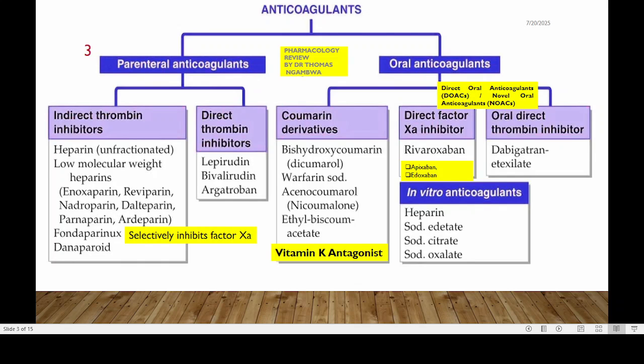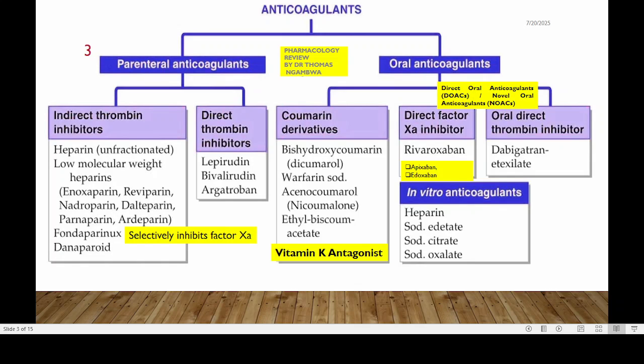So these anticoagulant medications are broadly subclassified into two: the parenteral anticoagulants and the oral anticoagulants. For the parenteral anticoagulants, we have the traditional ones that we know, the unfractionated heparin and low molecular weight heparins like enoxaparin.